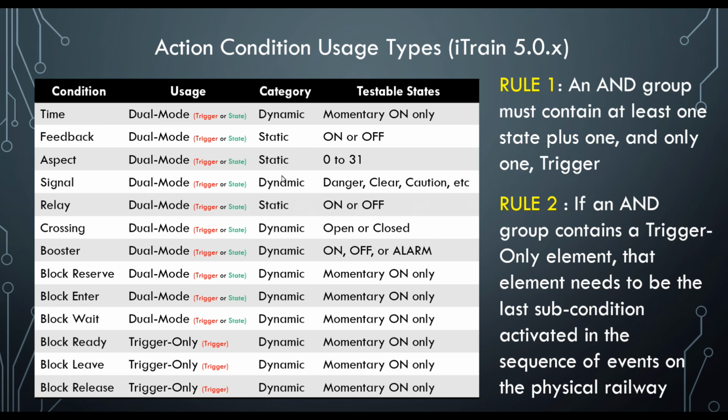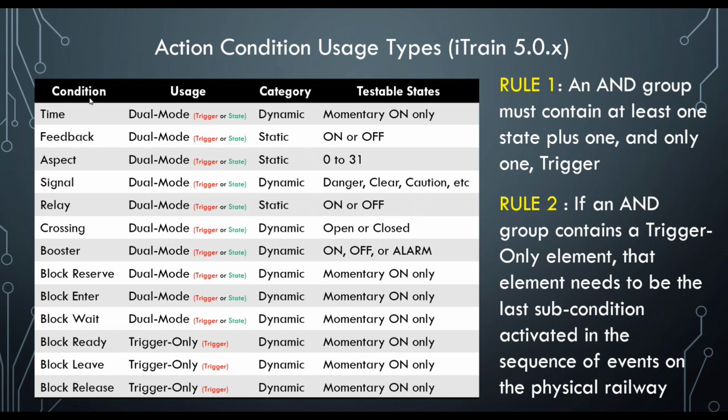Dynamic elements often need a little more care and attention about how and how many are used together in an AND group. Their order in the sequence of events can affect the outcome of the action. We may not be able to test all their possible states.